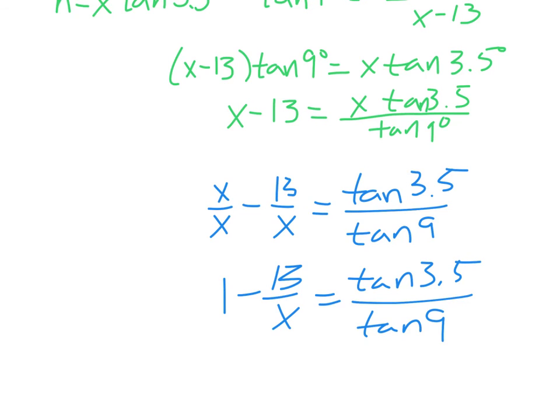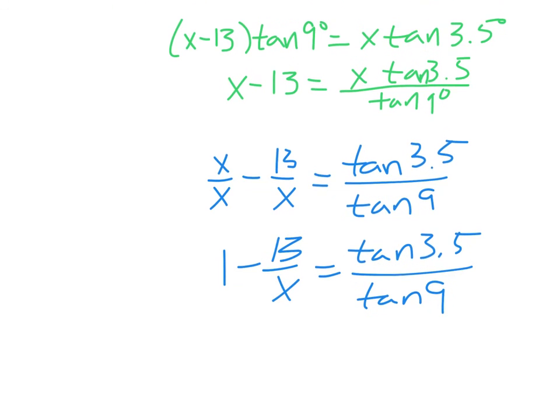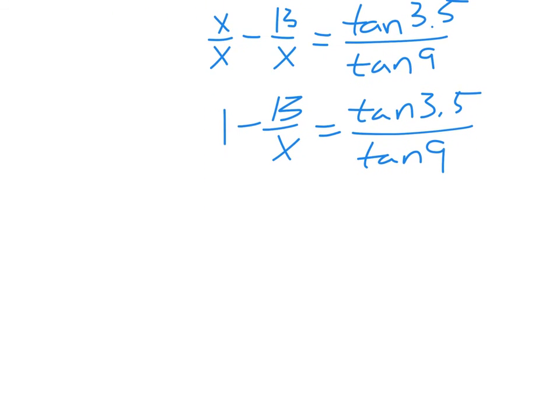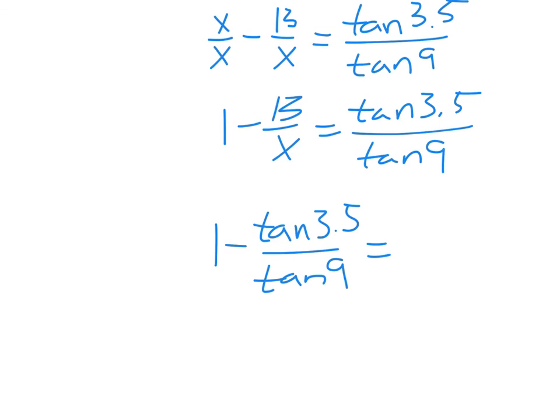Okay, so don't get mixed up here. What I'm going to do is, in the same step here, add this term over and then subtract this term. So hopefully that's okay with you guys. So then it becomes 1 minus this tangent of 3.5 over tangent of 9 equals 13 over x. And now I'm going to figure out what 1 minus tangent of 3.5 over tangent of 9 is.